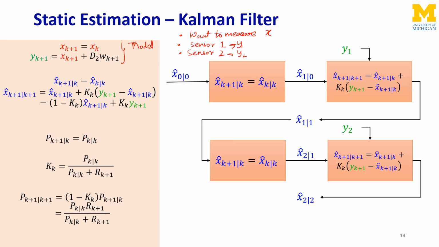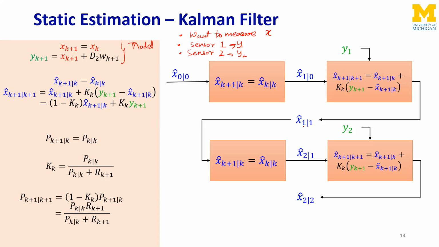So let's see what's happening. We have two sensors. Initially we have some estimate of what our variable is. I haven't shown you what that should be, but let's just assume that we have one. Using the dynamics, which is nothing, we can calculate the prior estimate, and using the first measurement, that is the measurement from sensor 1, I can compute the posterior estimate.